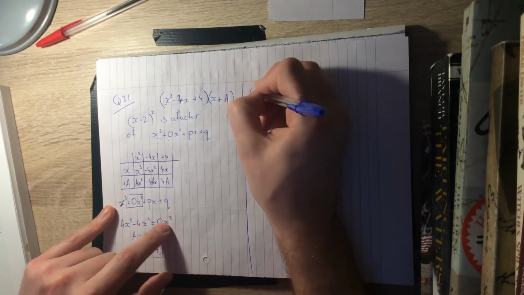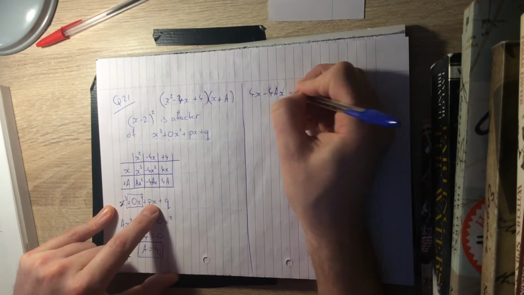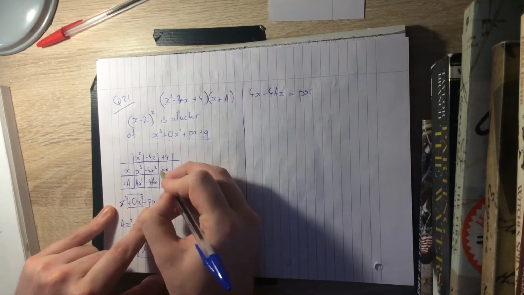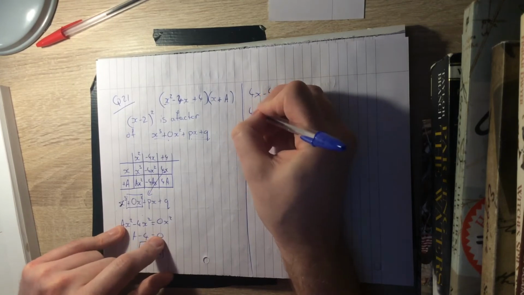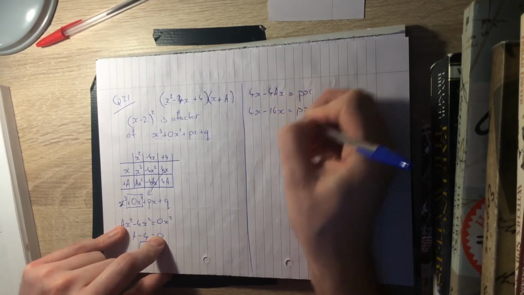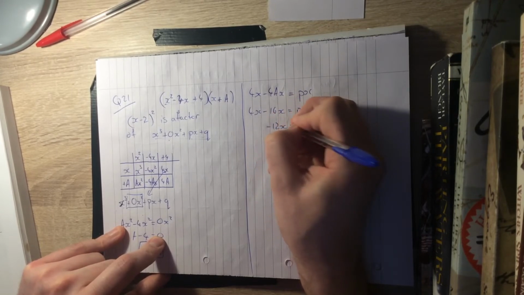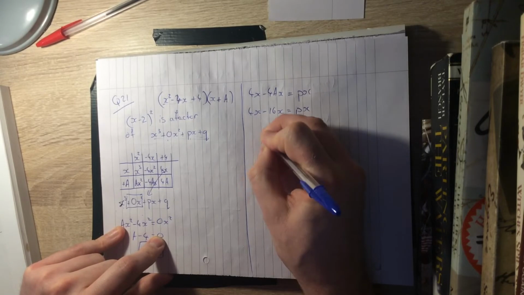4x, take away 4ax, gave us px. Okay, these two terms. But we know now that a is 4, so that says 4x take away 16x equals px. Negative 12x is px, and negative 12 is p.